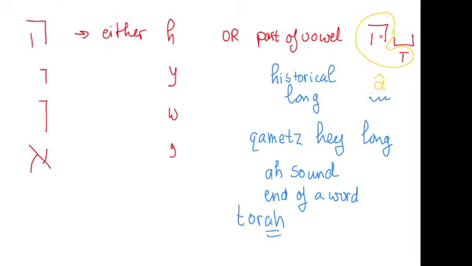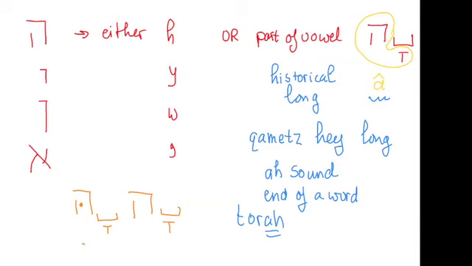To distinguish the kametz he from the normal he at the end of the word, maybe that is of help for you. So when we have like this, and we have like this, when there is a dot, then this is pronounced like aha, and this is like this.